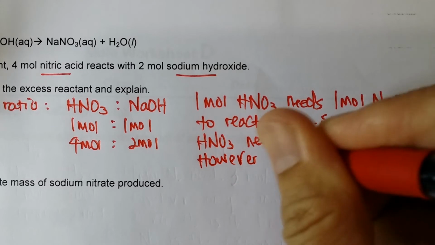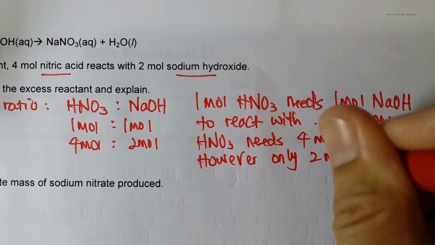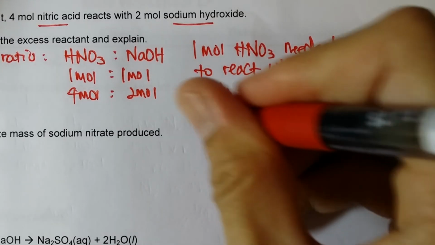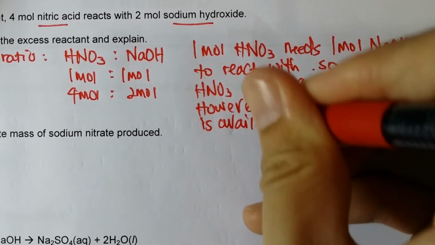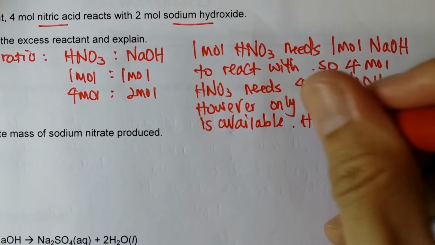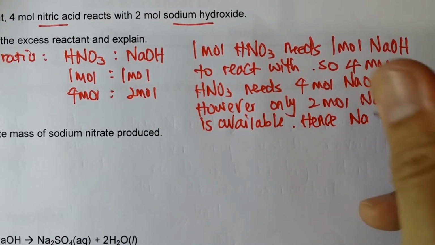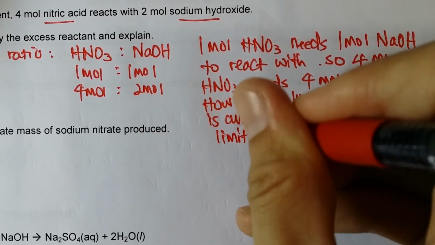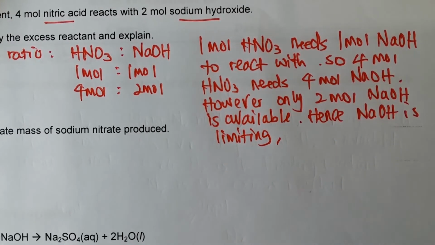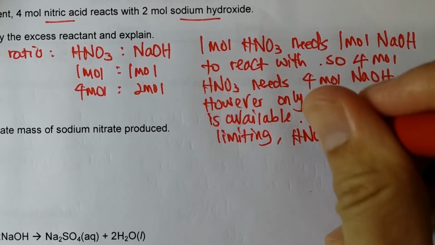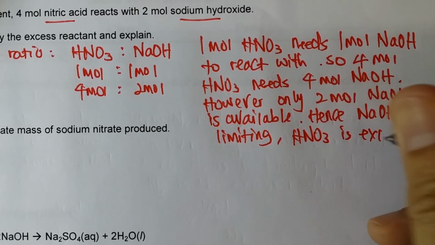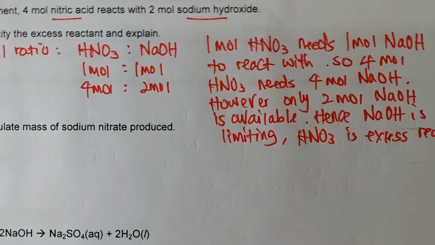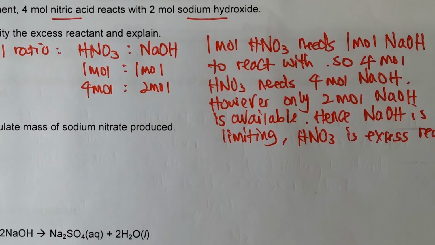However, only 2 mole NaOH is available. Hence, NaOH is limiting. If NaOH is limiting, HNO3 is excess reactant. Okay, so HNO3 is excess reactant.